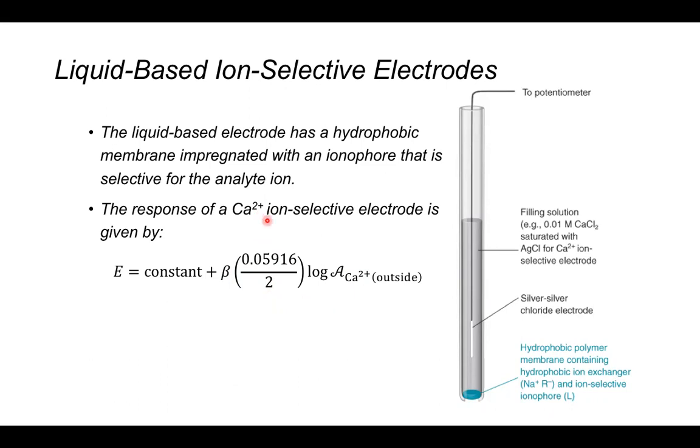So calcium 2+ plus 2 electrons gives calcium, which is our half reaction, times the log to the base 10 of the activity of calcium 2+ outside. So really, this is related to the concentration of calcium in the solution. Strontium 2+ is the most serious interference because it's in the same group of the periodic table, and its size is reasonably similar.